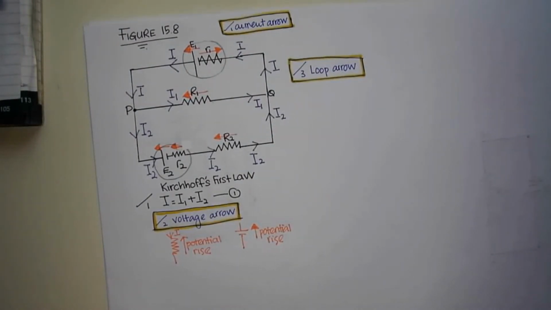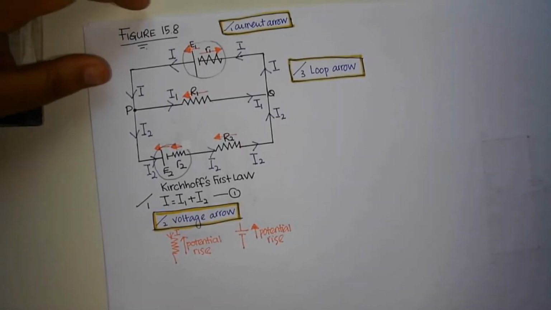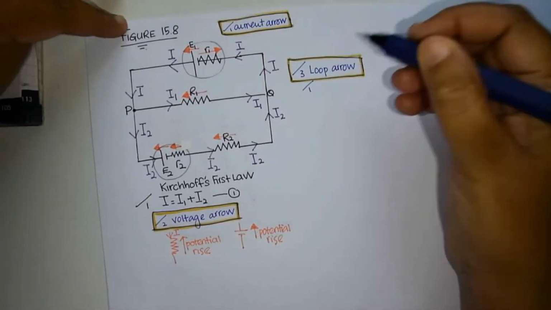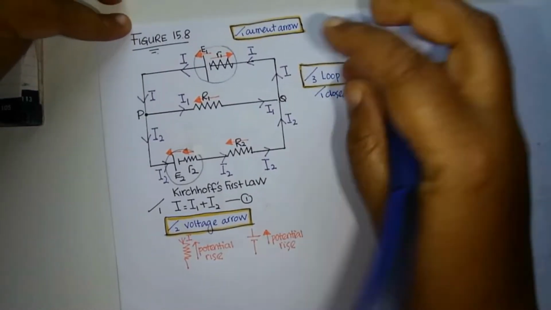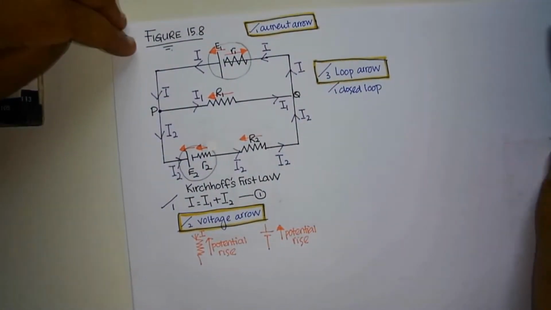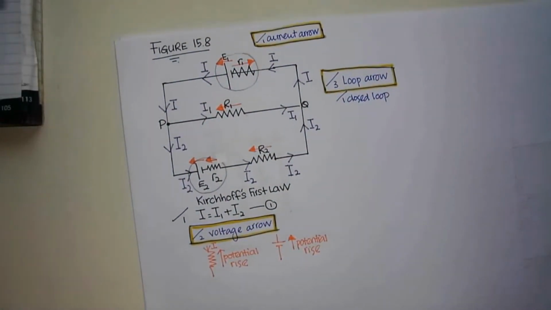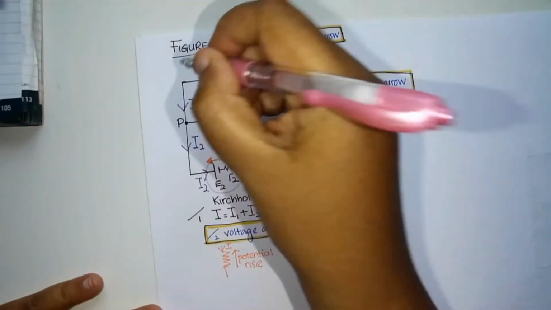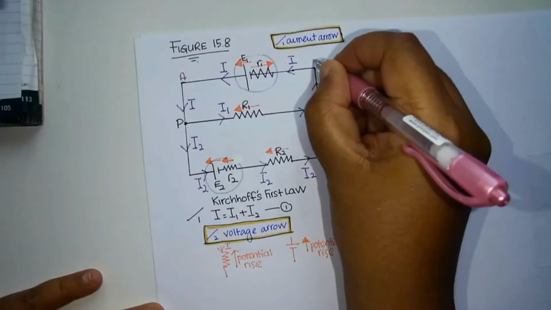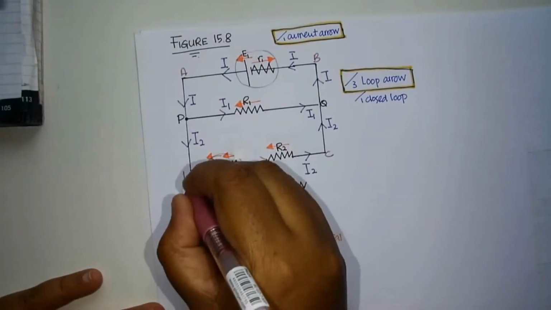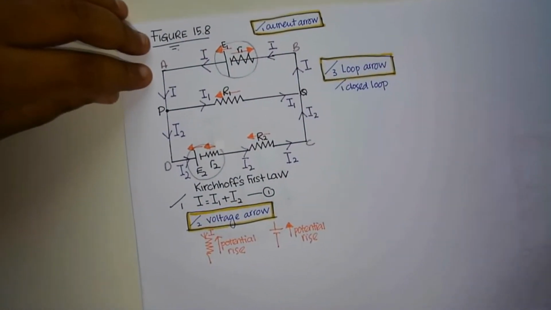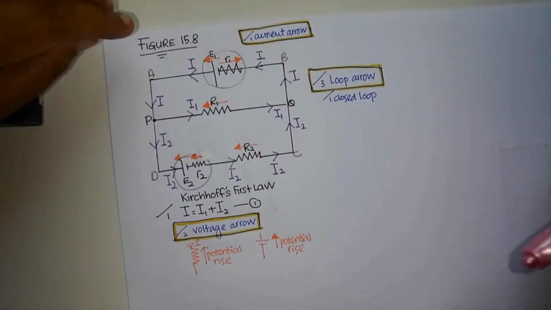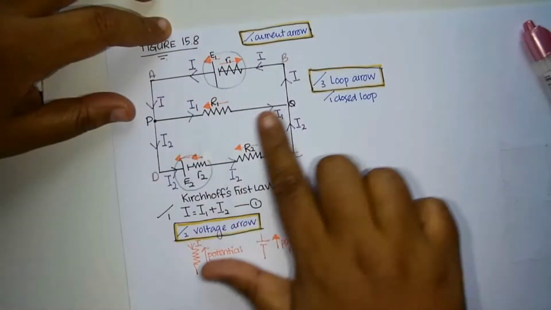Now here we have the loop arrow, meaning it must be in a closed loop. So in this diagram there are 3 closed loops. I'm going to label each point in this diagram: here A, here B, here C, here D. This one is already given by the book, P and Q. So there are 3 closed loops actually.